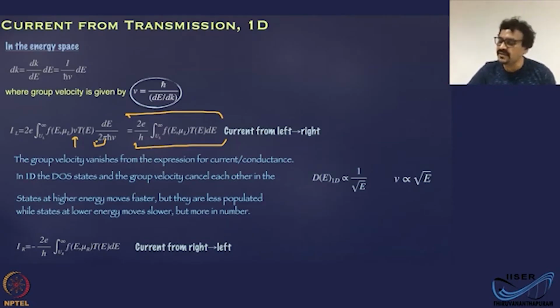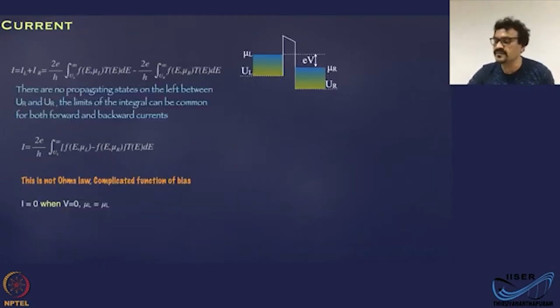Similarly, the current from right to left is the integral over UR to infinity. Similar format, but you can see a negative sign because those are left-propagating states. So these are the expressions for the two contributions to the current, from right to left and from left to right.